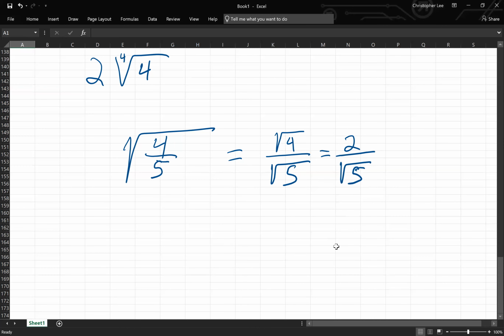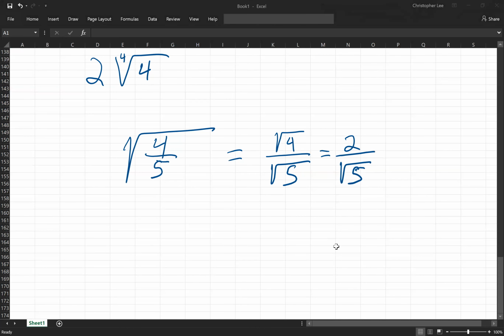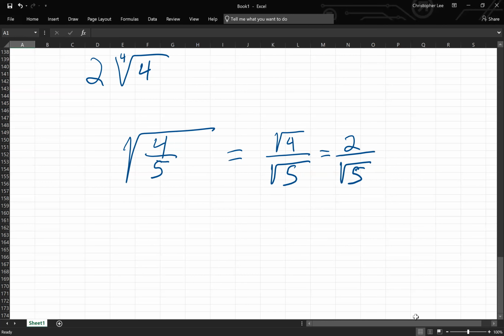Now, it's illegal for me to have radicals in my denominator, right? So to get rid of the radical, I'm going to multiply by itself, square root 5. What I do to the bottom, I got to do to the top. And then when you multiply straight across, what do you have? 2 square root 5, I would say, over 5. And that's it.